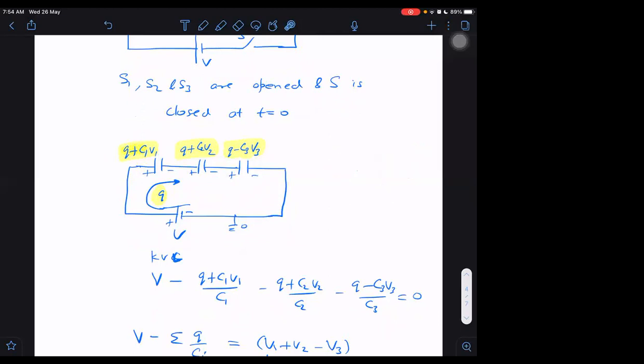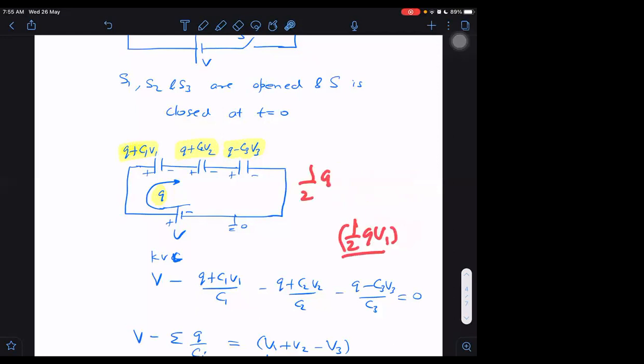That will be half of Q square by C1, plus half of C1 V1 square as the second term, plus the third term, which will be half into Q V1.